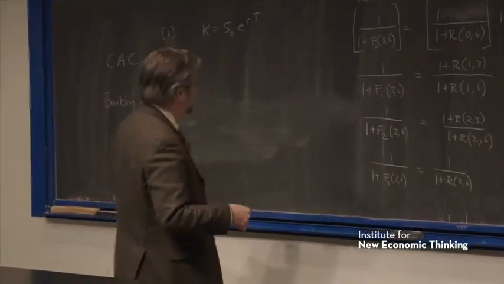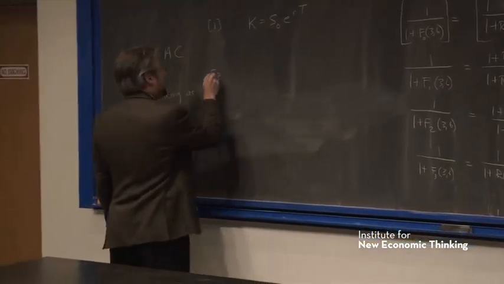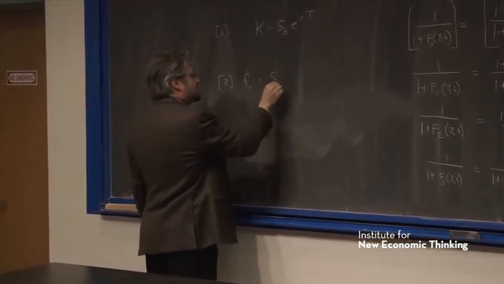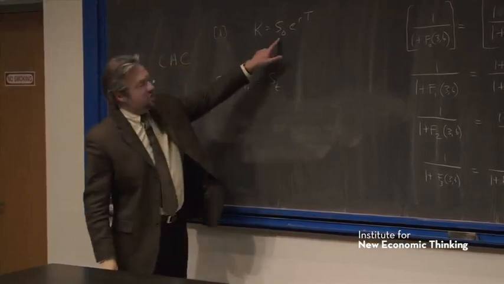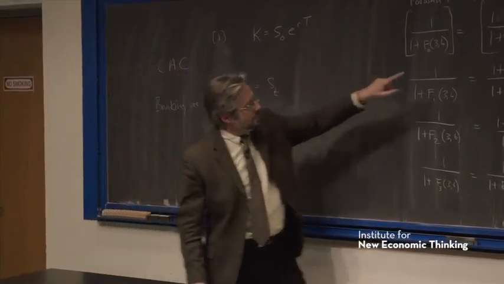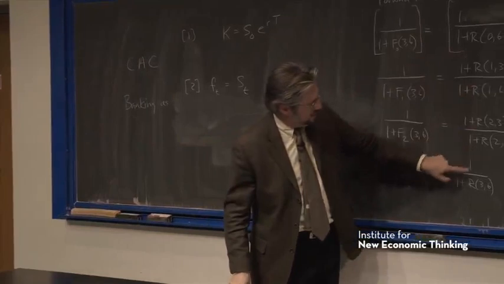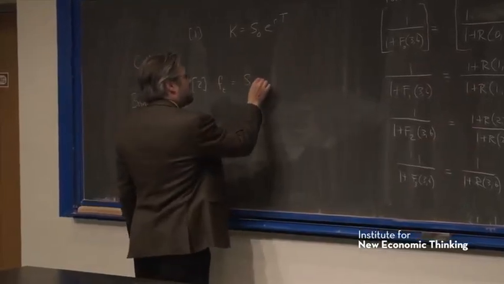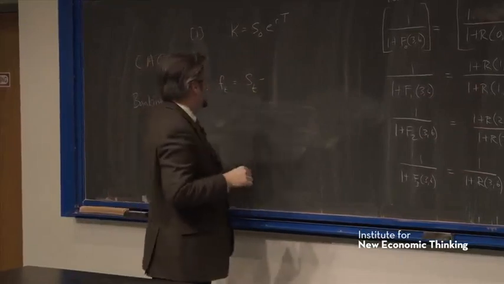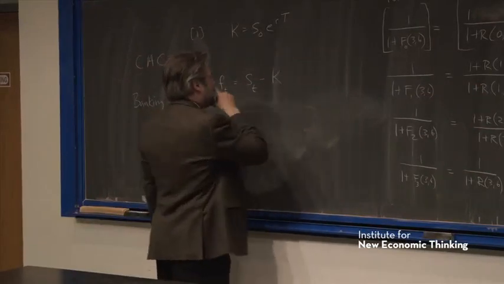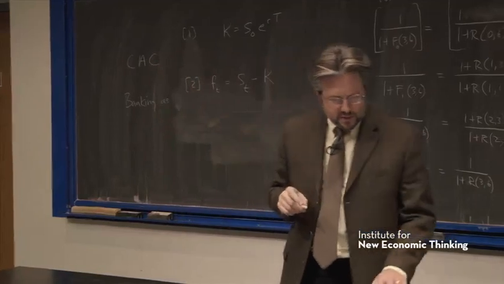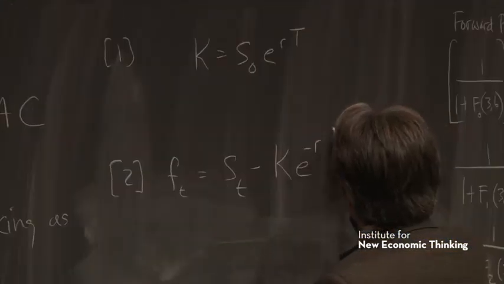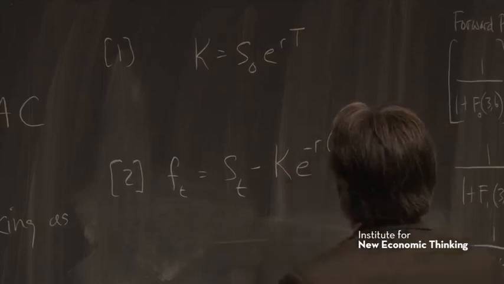The value of the forward contract, we use little f(t), is the difference between the spot rate, which is changing over time, see this changing over time, and minus the K. Let me just make sure that I don't miswrite this. No, this is right. K e to the minus r(T minus t), okay?